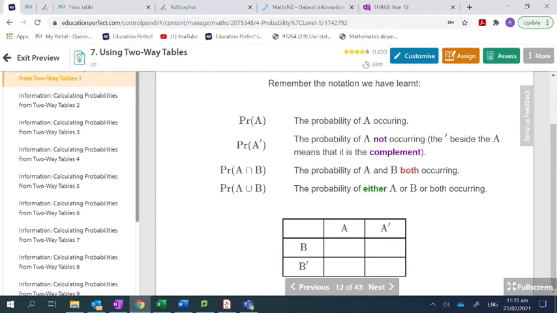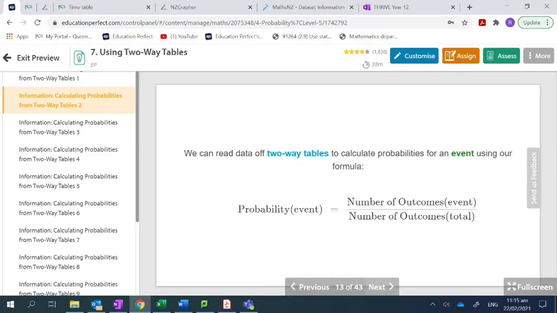Okay? All right. So remember that, and we talked about this earlier. Probability of A is the probability that A does occur. Probability of A prime is the probability that it does not occur. Remember they use PR. I'm happier if you just write capital P. Okay? All right. Now, so let's look at some of these.